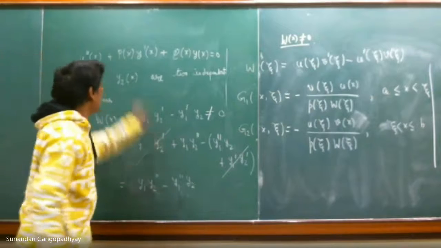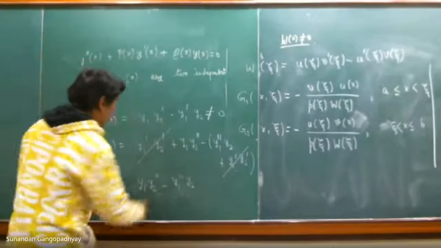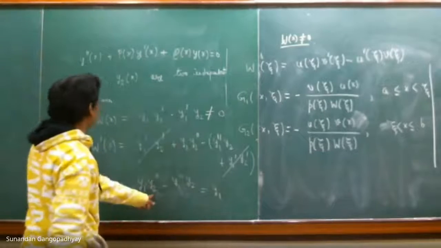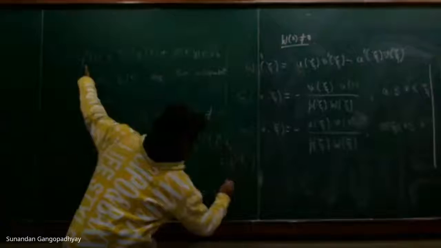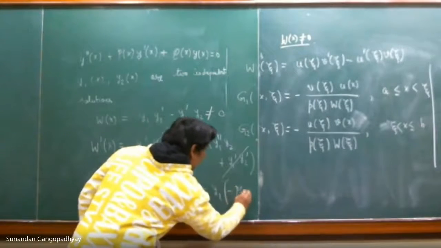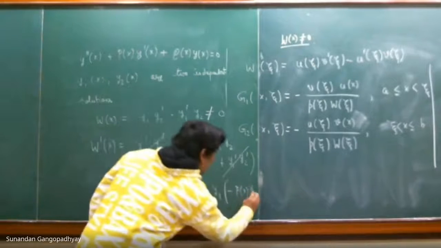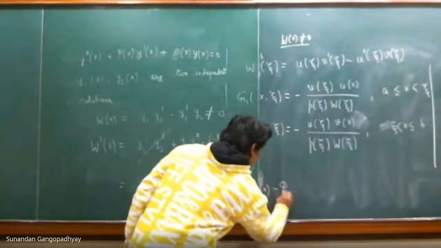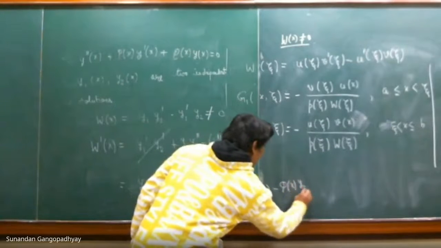Now y2 and y1 are solutions of this equation, so you can use that fact. What is y2 double prime? From this differential equation, it is minus p of x y2 prime of x minus q of x y2.